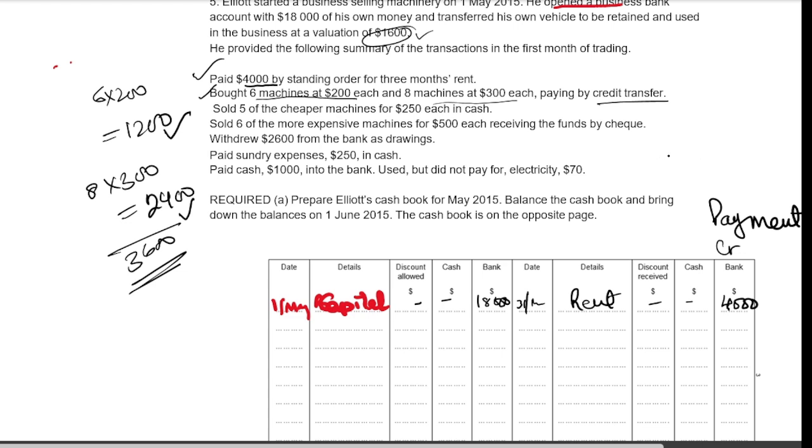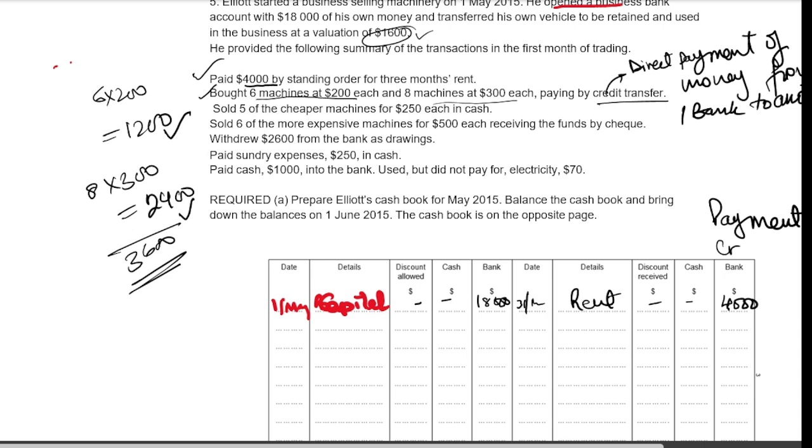When there is a credit transfer, it means direct payment. Credit transfer means direct payment of money from one bank to another.